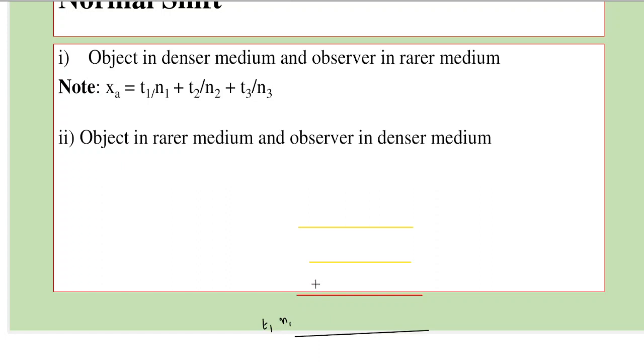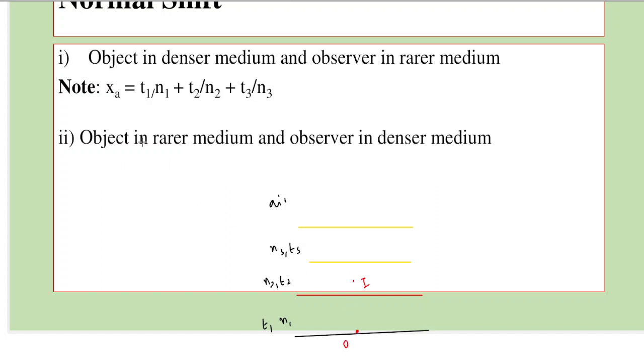Let this refractive index be n2, thickness t2, and this n3, thickness t3, and let this be air. Suppose imagine an object is placed here. So based on the thickness and refractive indexes, we may get an image somewhere, could be anywhere here, we call it I.